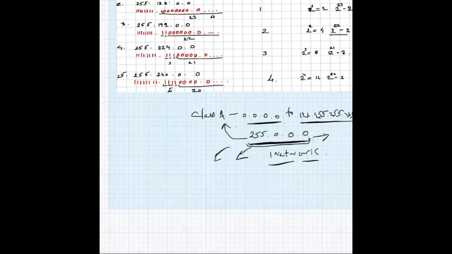If we convert 255.0.0.0, which is in decimal format, into binary format, 255 is written as all 8 ones, dot 0. The remaining are all zeros.